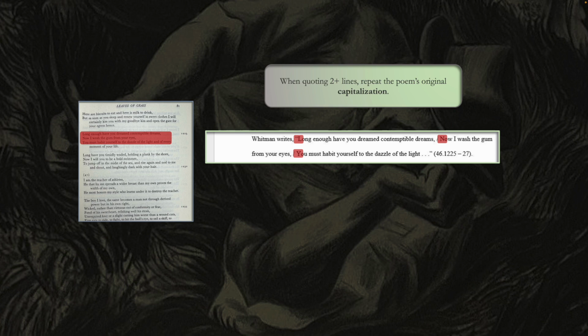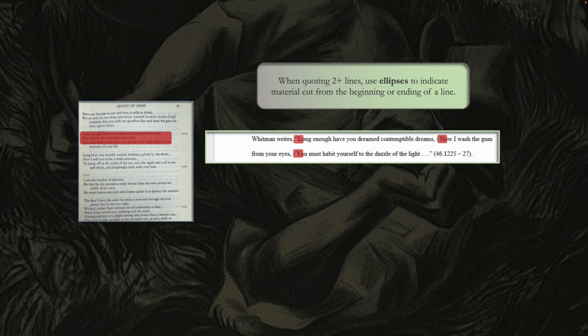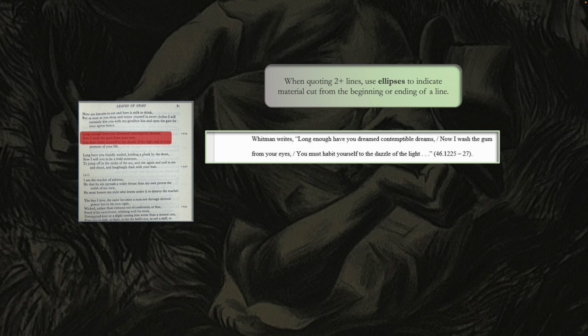One other thing that you might notice is that I have an ellipsis at the end. Now, this is something we normally don't do when we're quoting prose, but it's more common when quoting poetry, because if you quote 2 or more consecutive lines of poetry, you should use an ellipsis to indicate if you've cut material from the beginning or ending of a line.